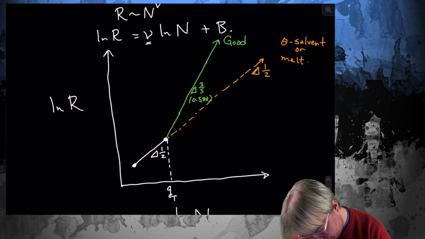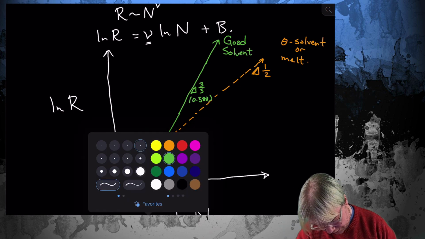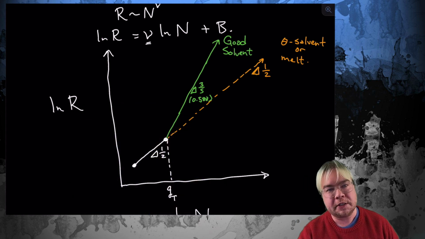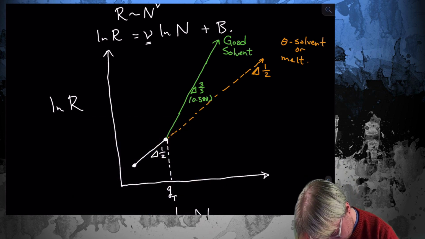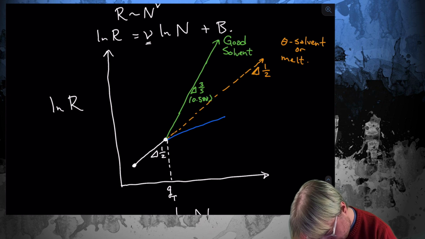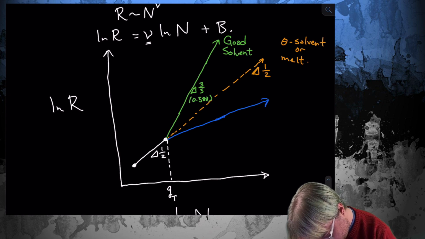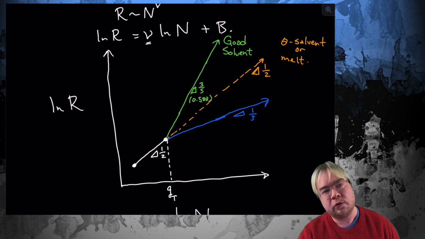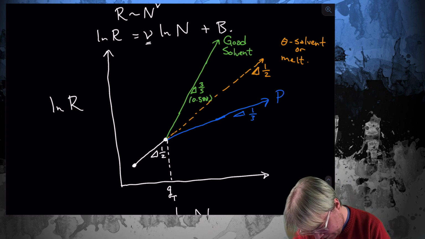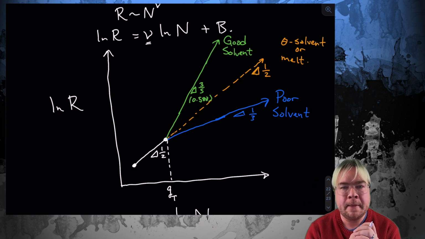And this is a good solvent. And then let's put it into a poor solvent. For the last case, well, we just saw that the slope is 1/3. So this slope is going to be 1/3. And that's a poor solvent.